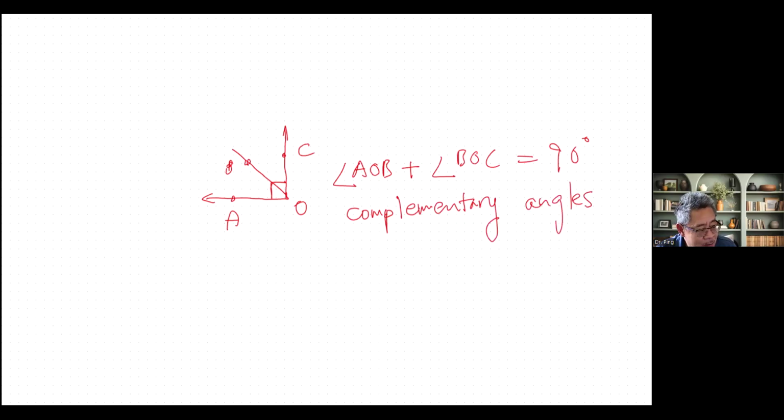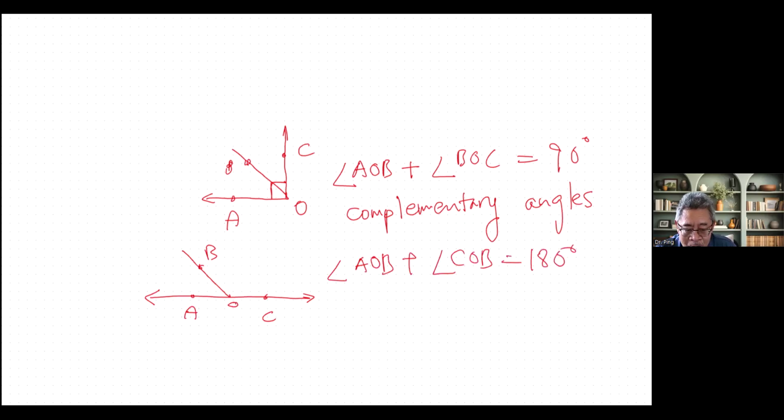And we also have, if the two angles form a straight angle, which is 180, with O, A, B, and C. So AOB added to COB is 180. Now, in this case, we call them supplementary angles. Supplementary.